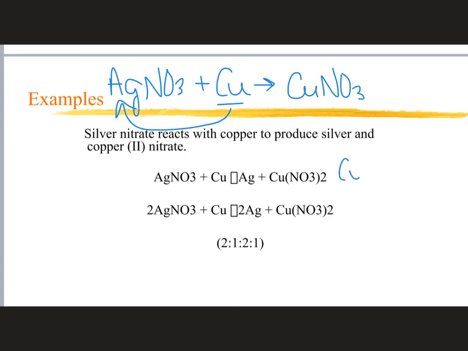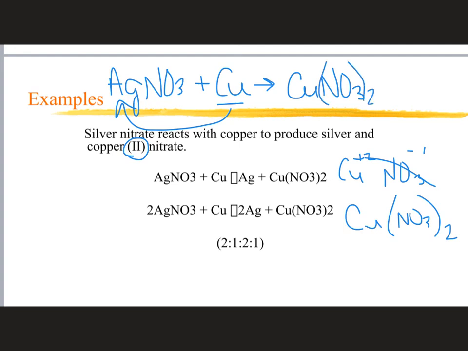Copper has a plus 2 charge, and nitrate has a -1 charge. So we're going to crisscross. The nitrate keeps the 3 in the parentheses, and then we have a 2 to represent 2 nitrates outside the parentheses. So we'll do that in the equation, and then show that the silver got kicked out, which is not diatomic.